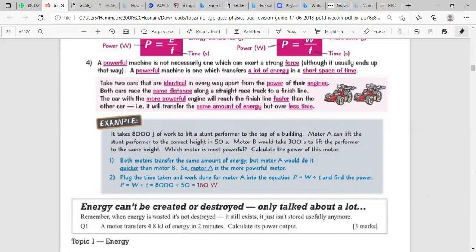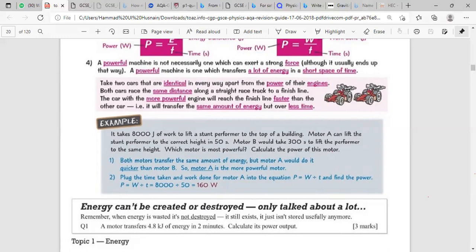Can you solve this problem without watching this? Let us say there is a person, a stunt performer, and it takes 800 joules of work to lift that person to the top of a building.